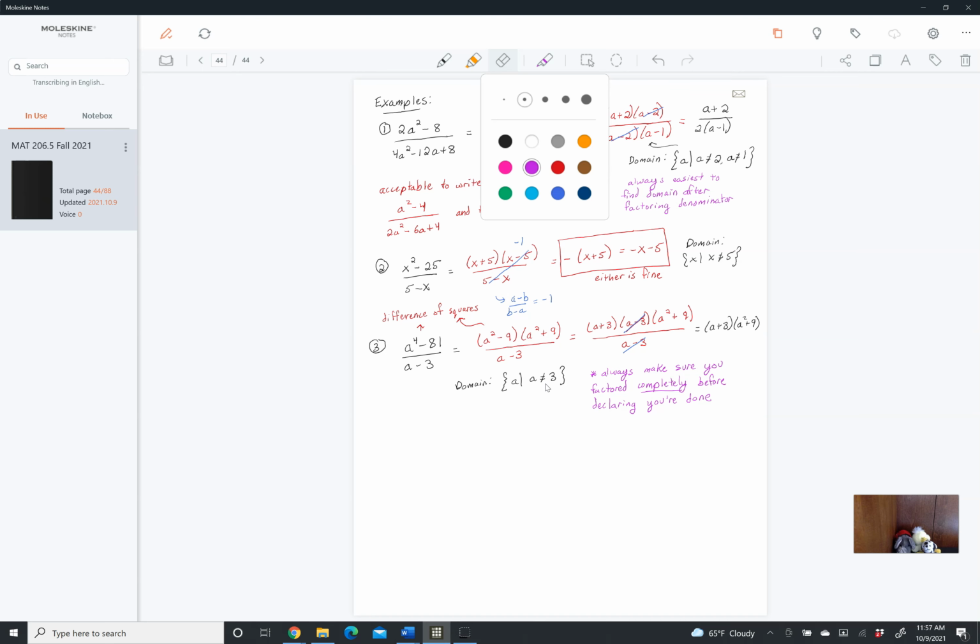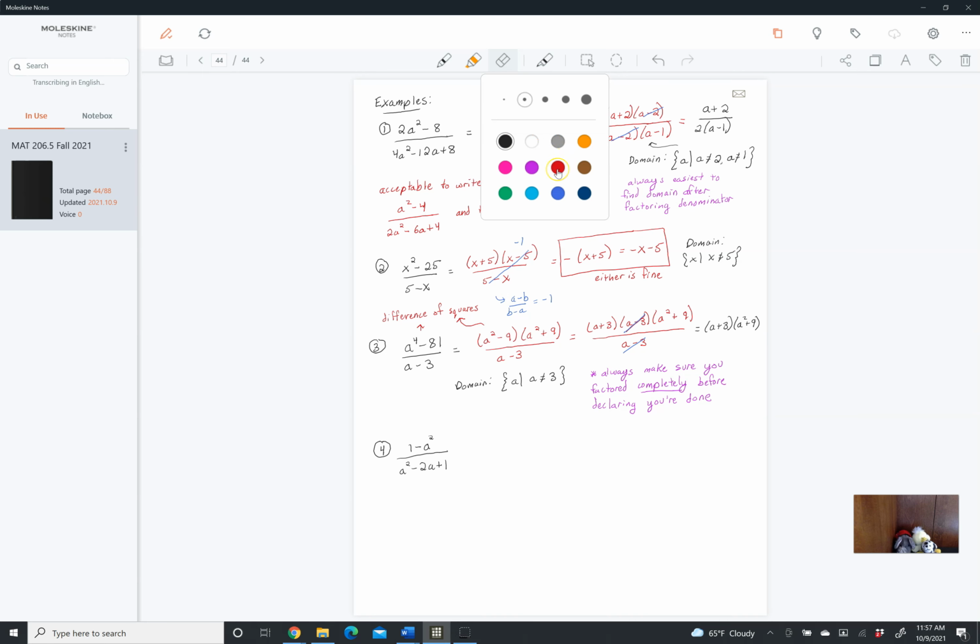Okay, let's take another one. We'll do two more, and then we're moving on to multiplication. So let's say that we have 1 minus a squared over a squared minus 2a plus 1.